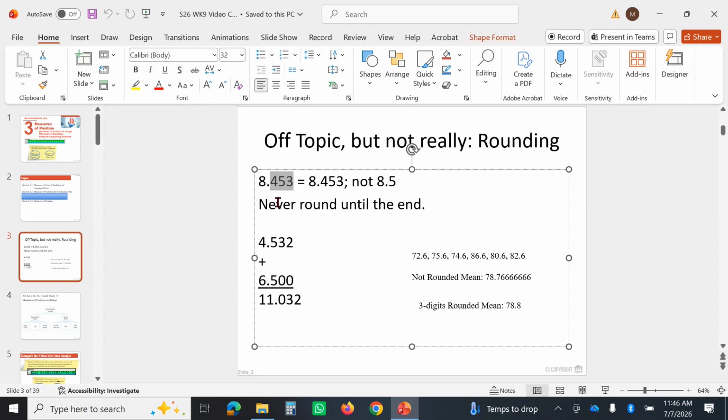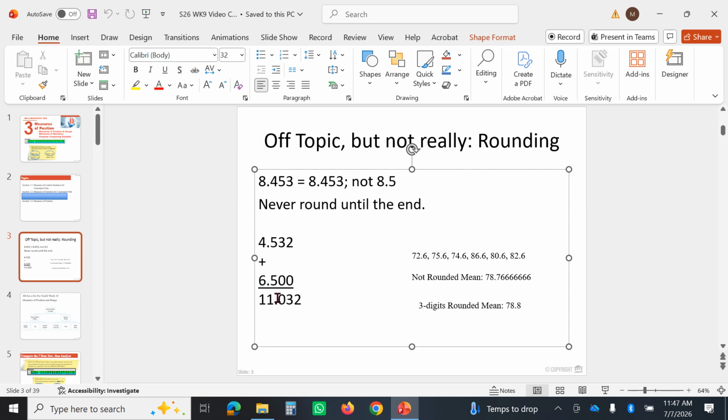On the quiz, do not round, and if you have to round, do it at the very end. I do not mind if you carry a couple of decimal places in your answer. Have a look here: 4.532 plus 6.500 equals 11.032.